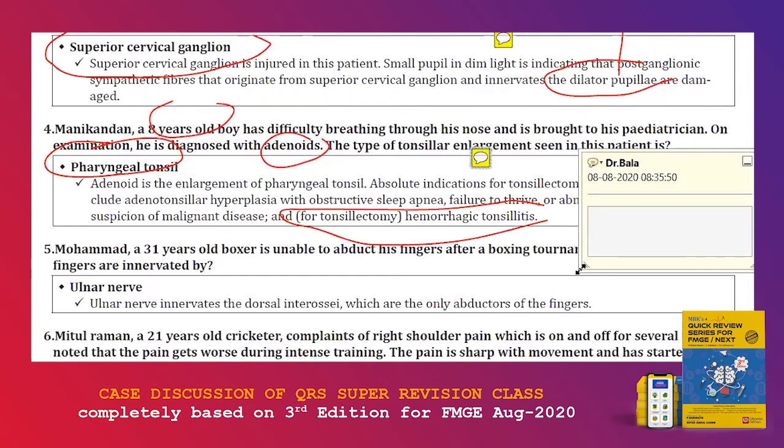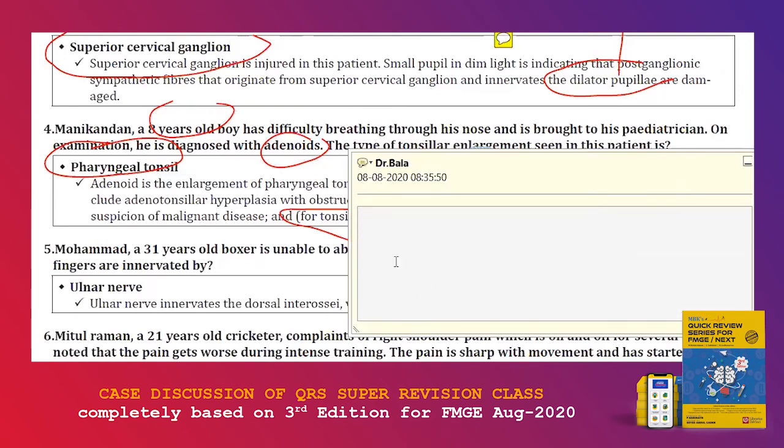Here I'm going to give you one additional MCQ that you need to know. Pharyngeal tonsil, I mentioned it as PT, please make note. The MCQ here is: tonsils are innervated by branches from the maxillary nerve and glossopharyngeal nerve.